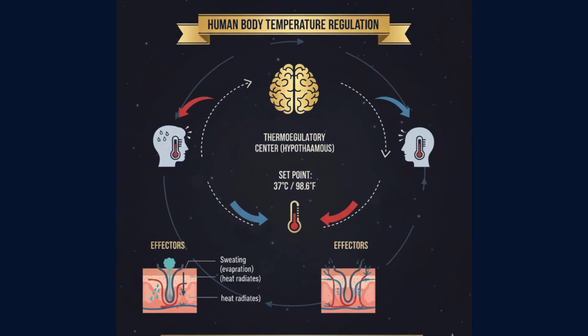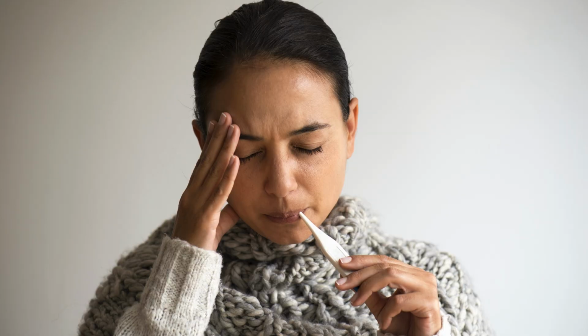A classic, simple example you're all familiar with is body temperature control, or thermoregulation. If you step outside on a cold day, your body temperature starts to drop. That's the stimulus. Sensory nerves and the hypothalamus, the control center, detect this drop.